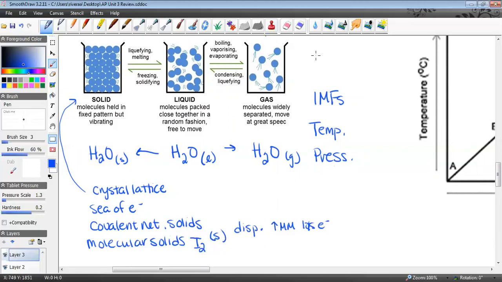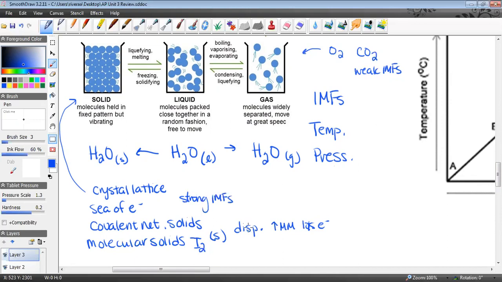What are some things that are gases at room temperature? Obviously, some of our elemental gases like oxygen, or carbon dioxide, which is a nonpolar molecule. If something is a gas at room temperature, it's got very weak IMFs. And if something is a solid at room temperature, it's got stronger IMFs.